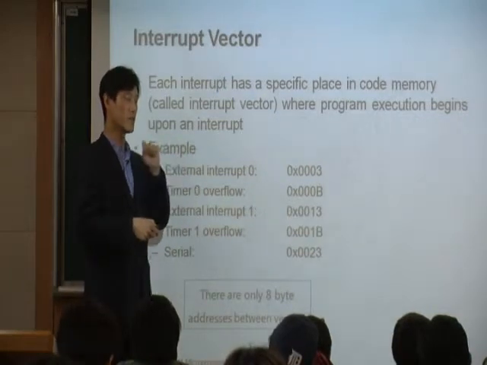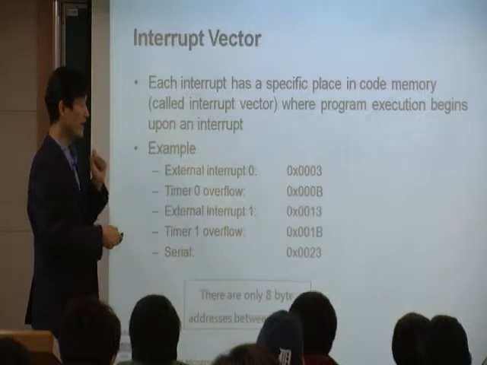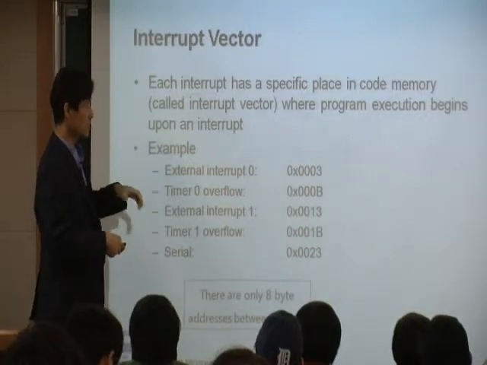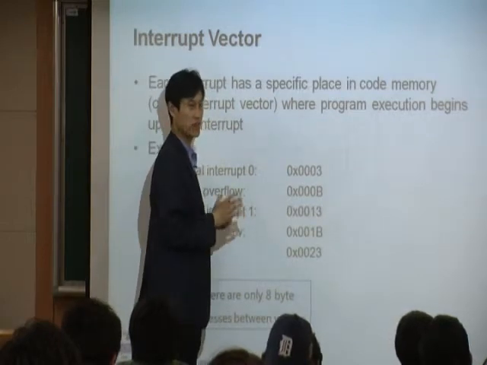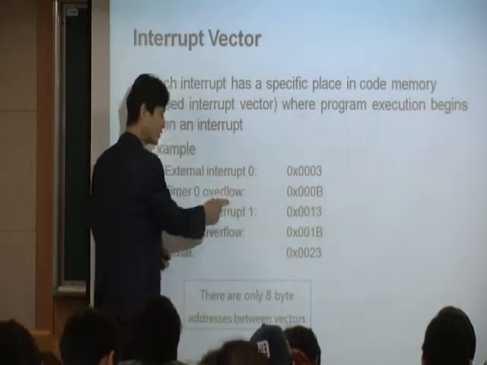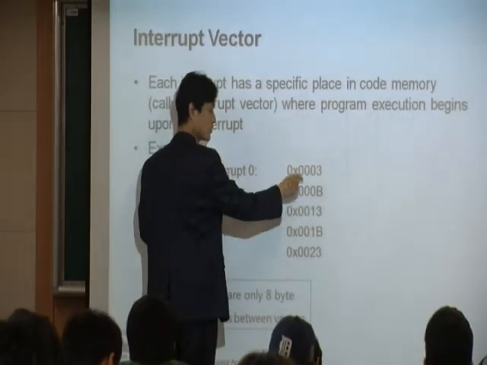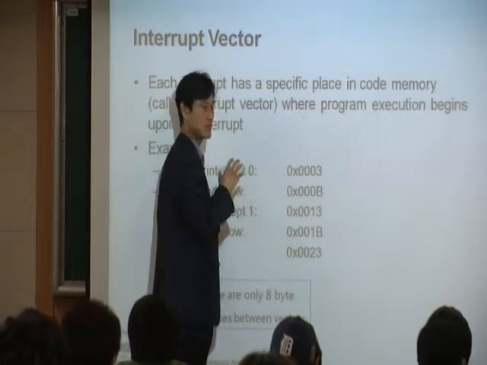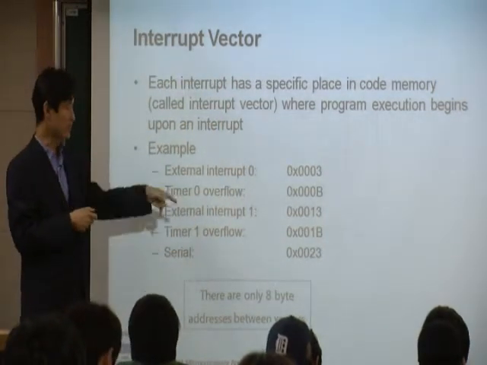And if your interrupt source is timer 0, then you jump to this one. So where to jump is already programmed in the hardware. Depending on which interrupt you have, you jump to this known location. This is already decided, already programmed in the hardware.